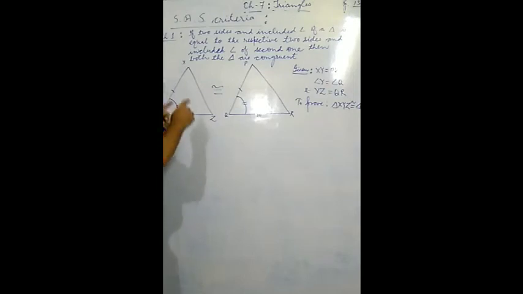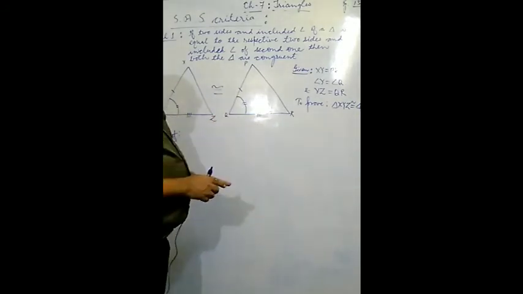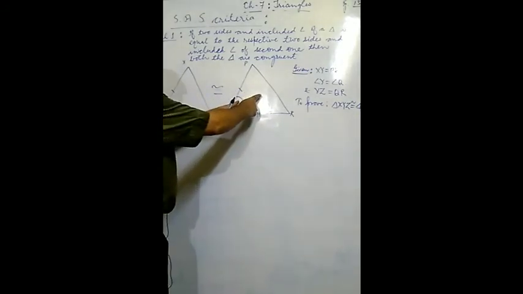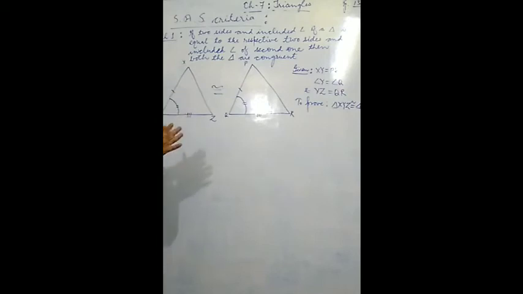It depends upon you. Suppose we are going to place triangle XYZ on triangle PQR in such a way that point Y falls on point Q. Try to keep in mind, Y falls on point Q. And YZ falls along QR.